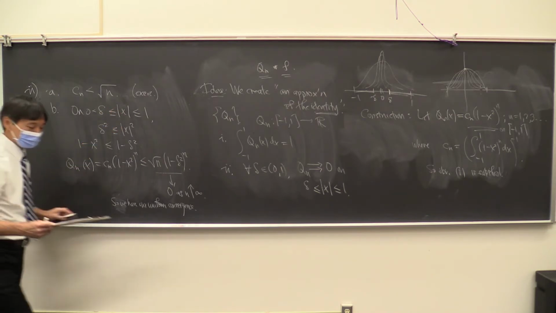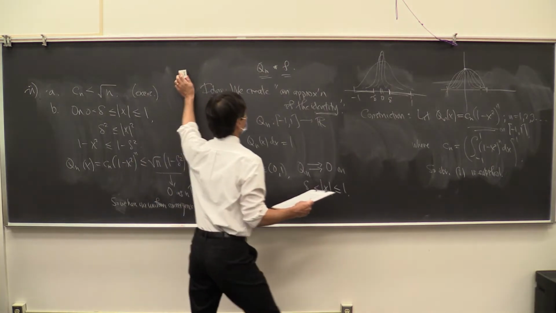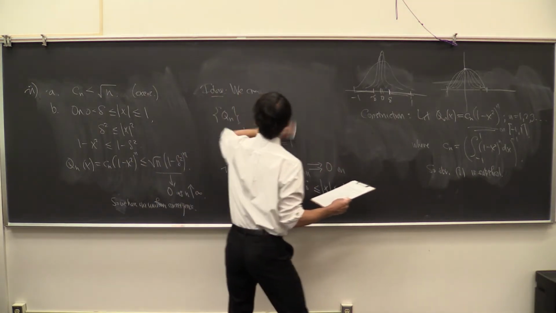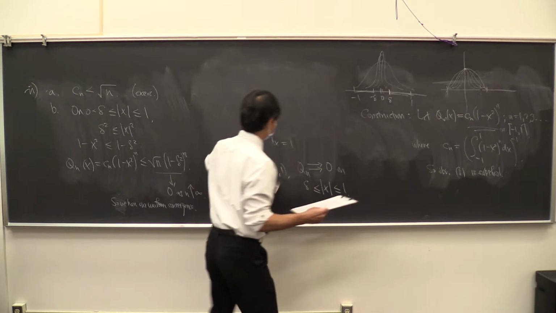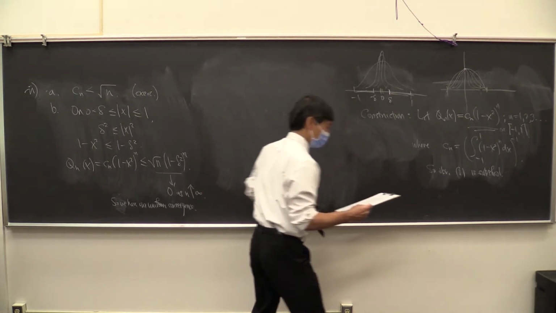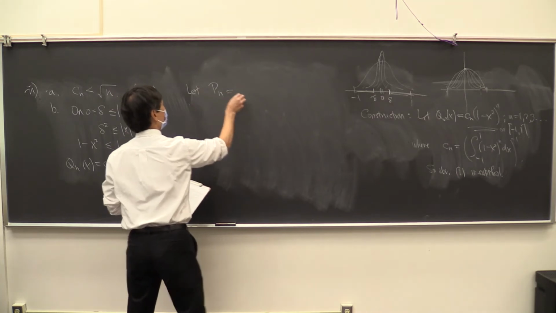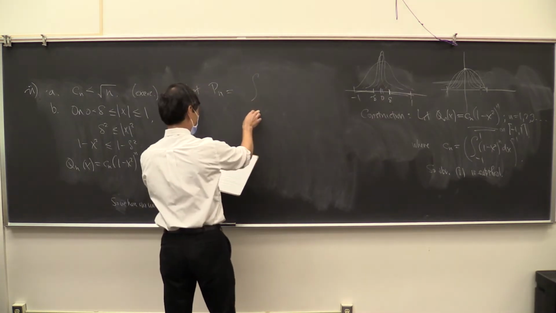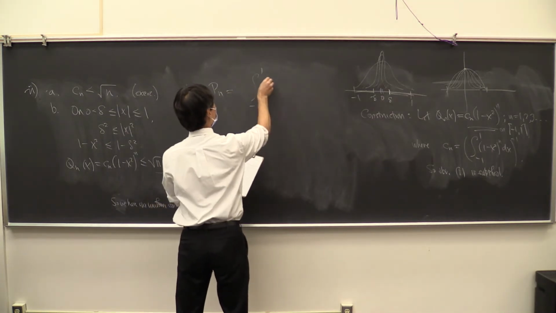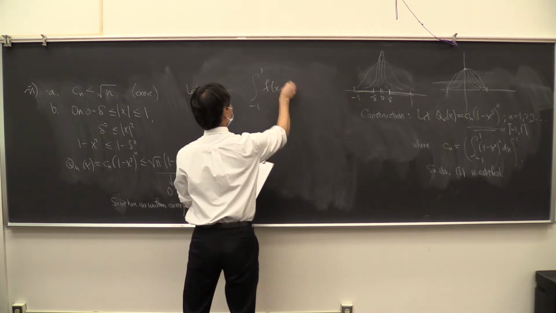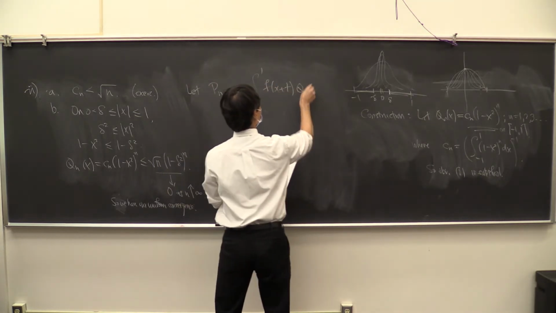Okay, so what are we going to do with it? What do we do with this thing? Let p sub n be the integral from -1 to 1 of f of x plus t, q sub n of t, dt.